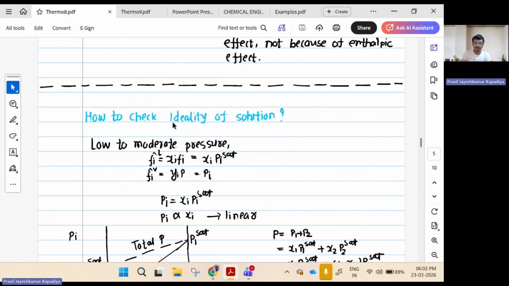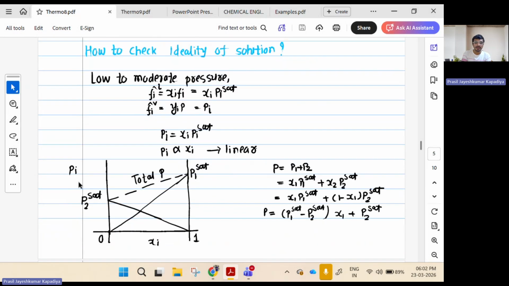Now how to identify if the solution is ideal or not? We plot Pi versus xi, meaning P1, P2 and total P, versus xi.